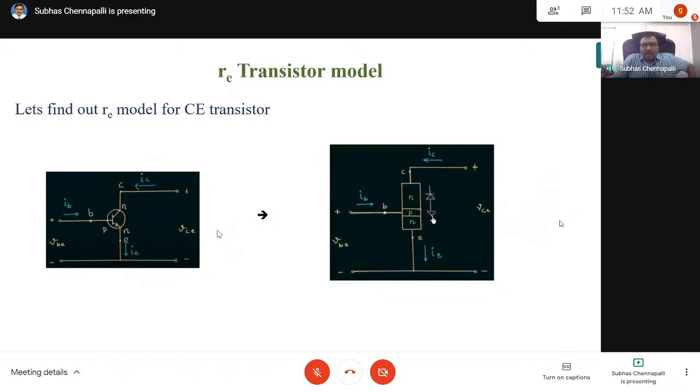Now, the re model is simpler than the H parameter model.